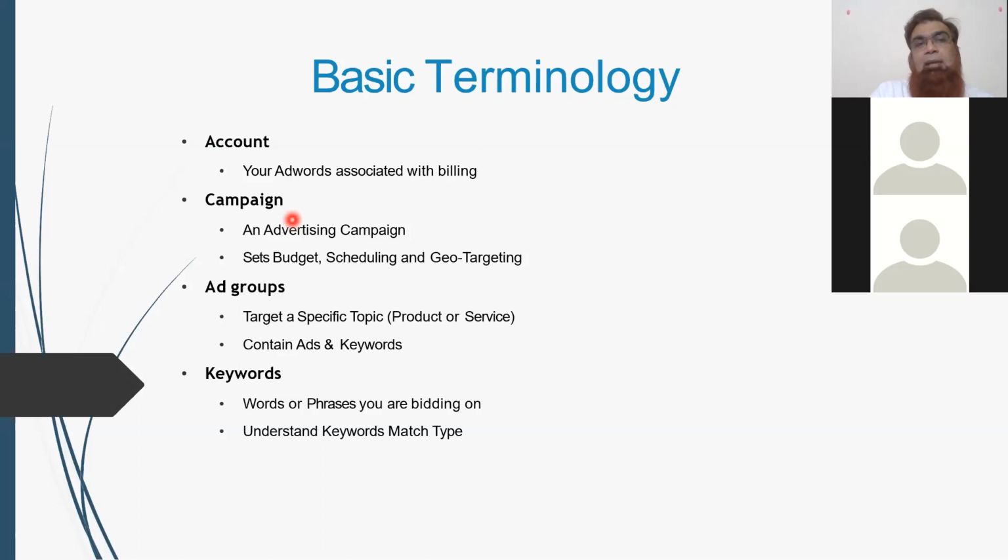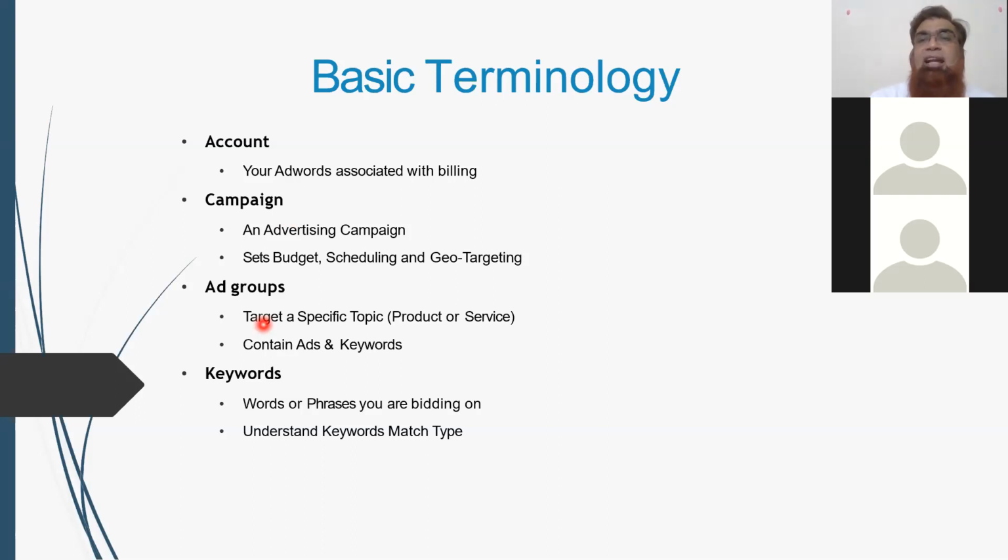Now under every campaign there are something called ad groups. There you have specific ads which are created, and those specific ads are connected with a few keywords. Or you can have a display ad, where you can have banners along with keywords. If you are running a display ad, then banners will be connected. If you are running only a text ad, only keywords will be there, and you will have an ad group for that.